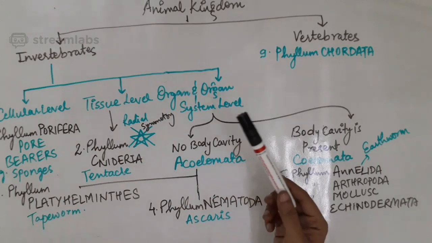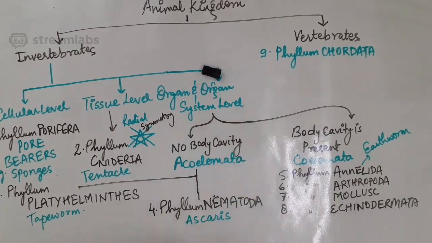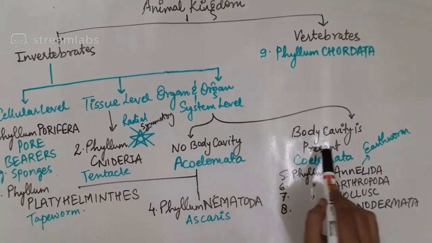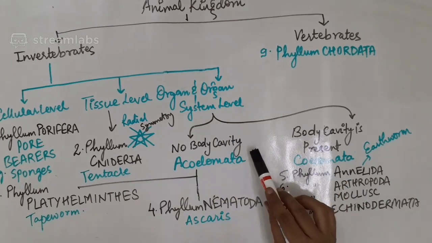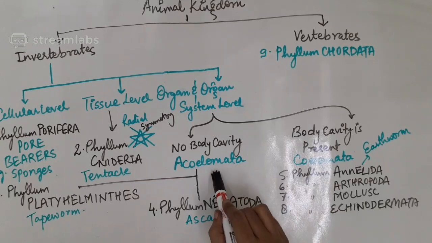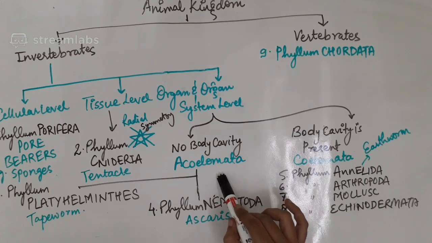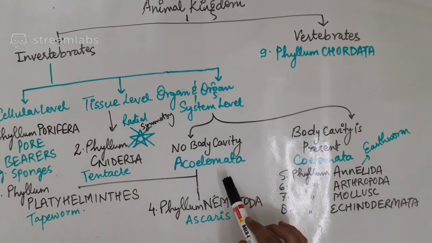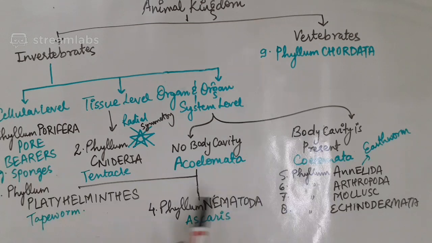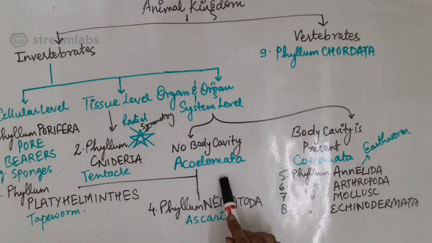In the third one, in which the organ and organ system level is there, the organisms are divided on the basis of the body cavity. Those in which the body cavity is absent are called acoelomata. This is the name of the phyla. And acoelomata is divided again into different groups, starting from the third. Third and fourth are acoelomates.